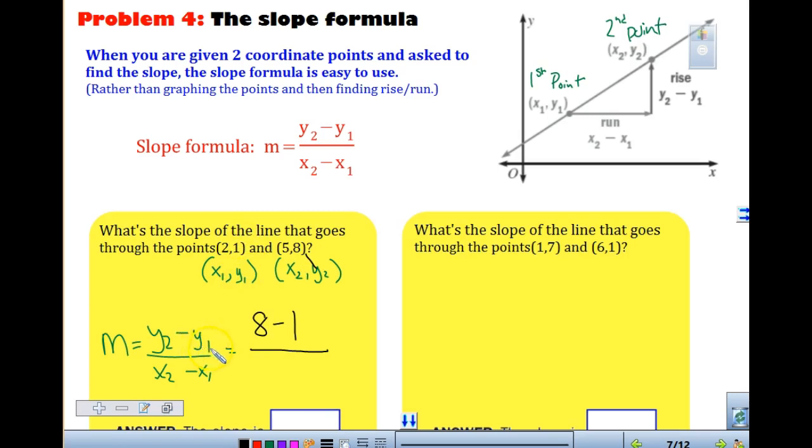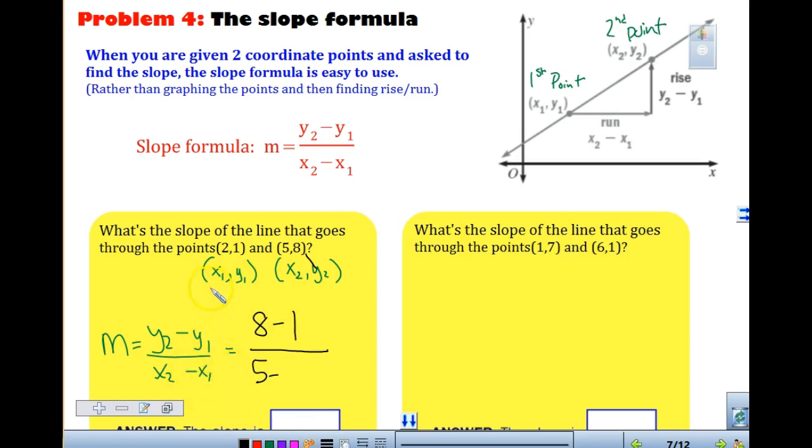If I am looking at this, Johan, what is my x sub 2 point? What number is x sub 2? We just said y sub 2 was 8 and y sub 1 was 1. So we took 8 minus 1. So 5. Minus, Hunter, what is x sub 1?